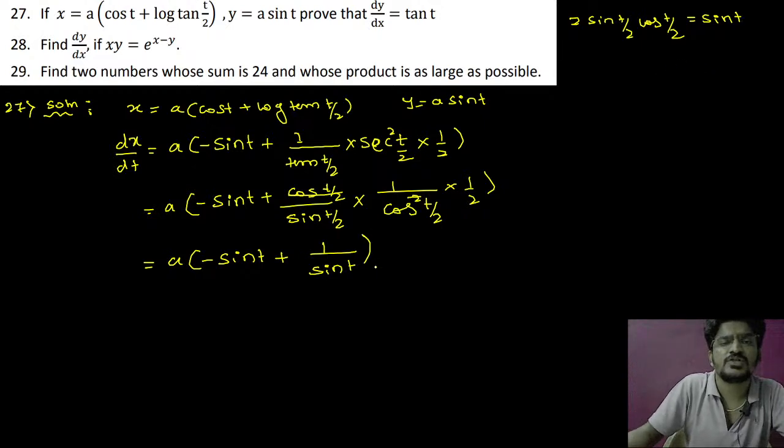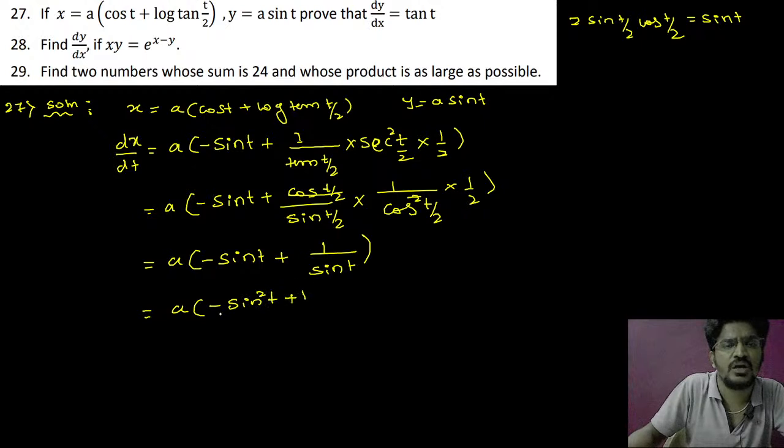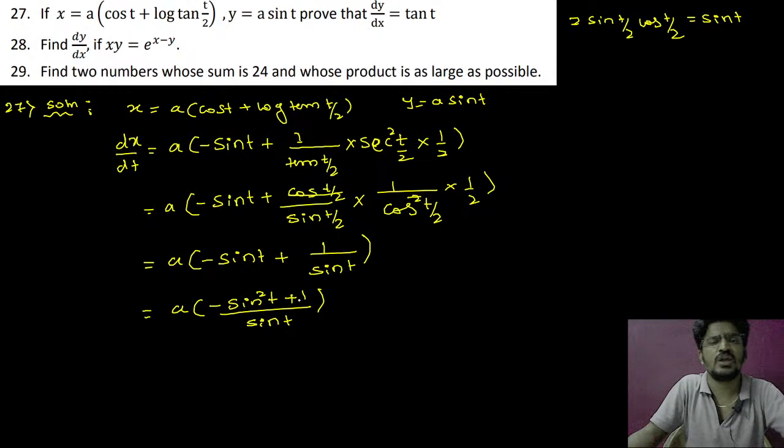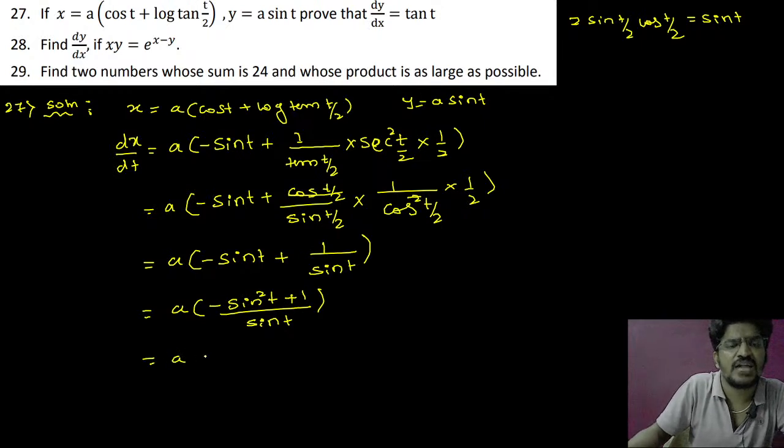So now you can simplify by taking LCM. That will be a into minus sin square t plus 1 divided by sin t. So what is 1 minus sin square t? That will be cos square t divided by sin t.